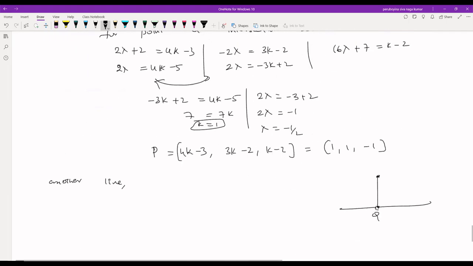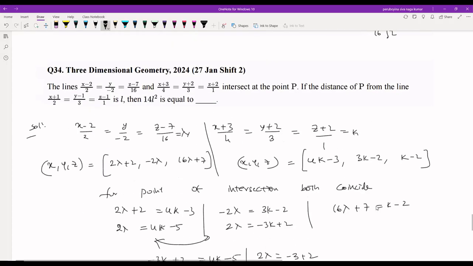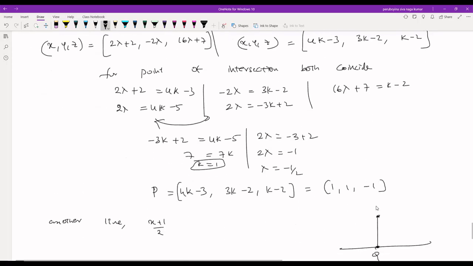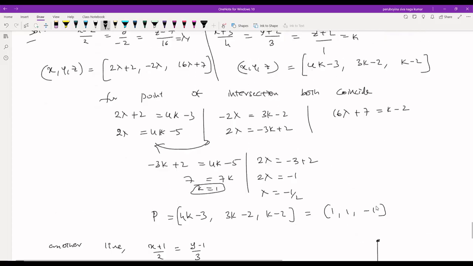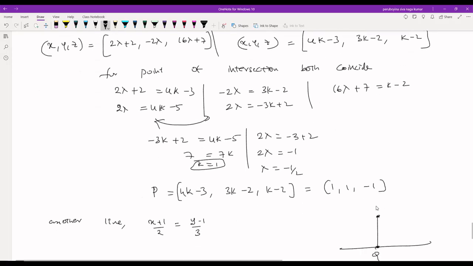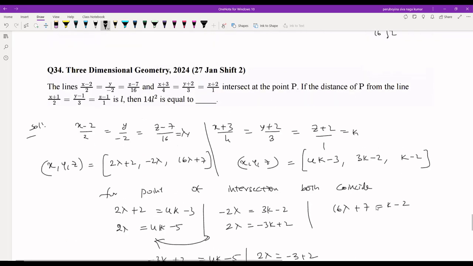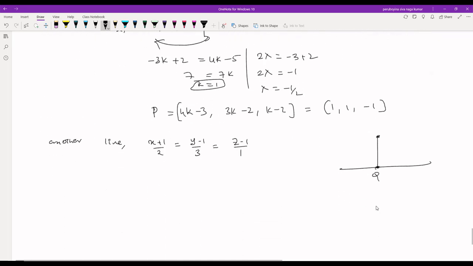X plus 1 by 2 equal to y minus 1 by 3 equal to z minus 1 by 1.